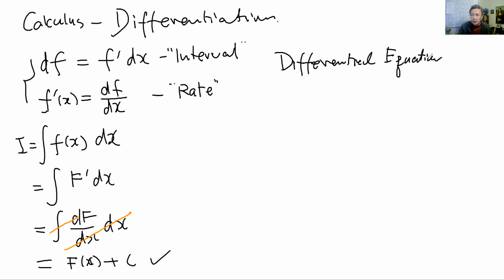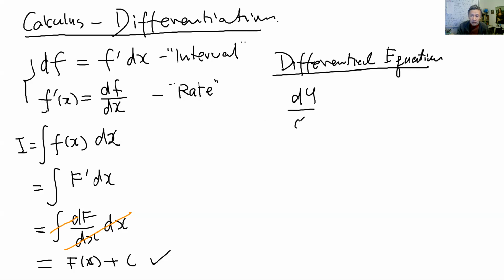Normally, these subjects are taught at the university level, but in IB they just talk about this at a high level. For example, what is a differential equation? Any equation which involves the first derivative.